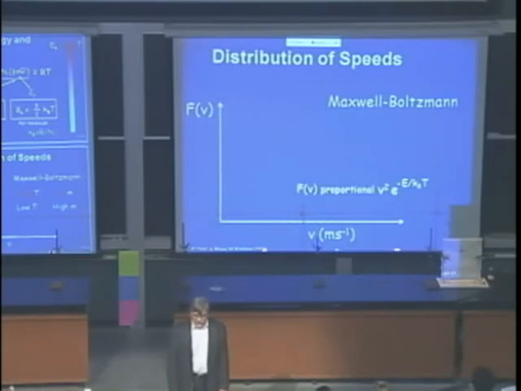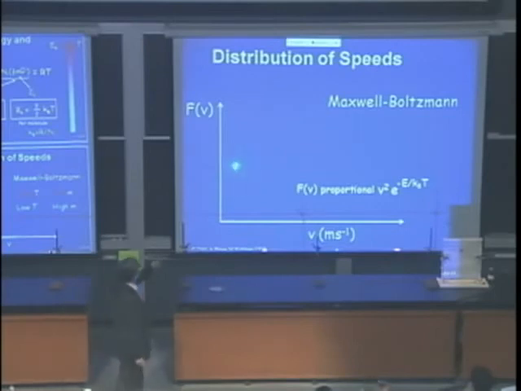And now we're talking about the distribution of speeds. This is a distribution function of your speed. If you plot it against your velocity or your speed in meters per second, you get a curve, and that curve follows the Maxwell-Boltzmann distribution.